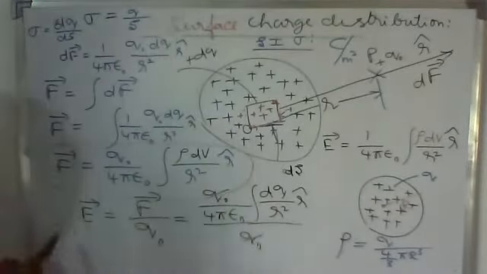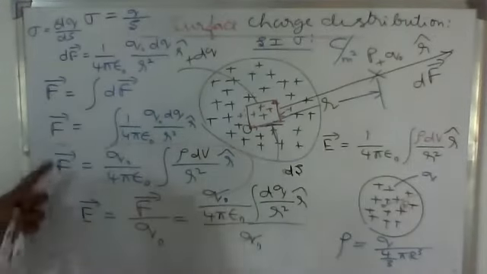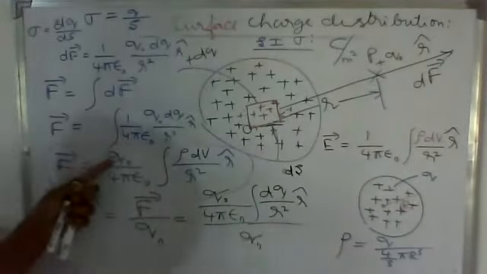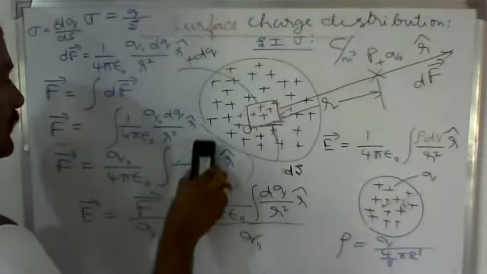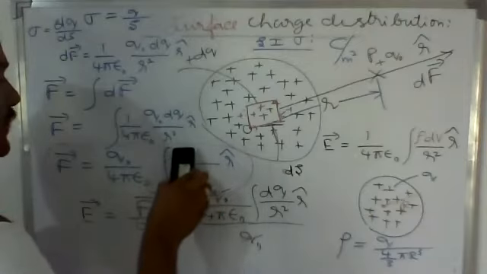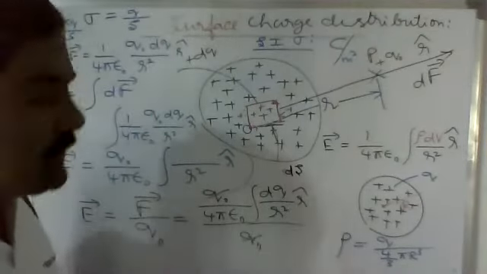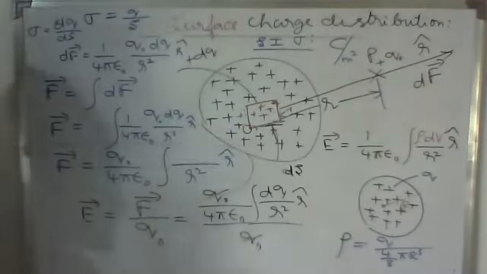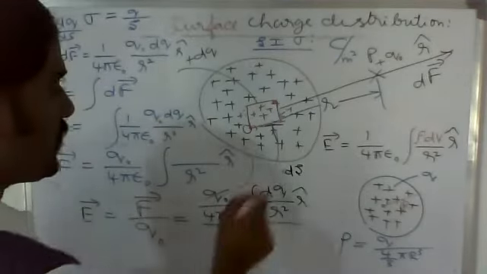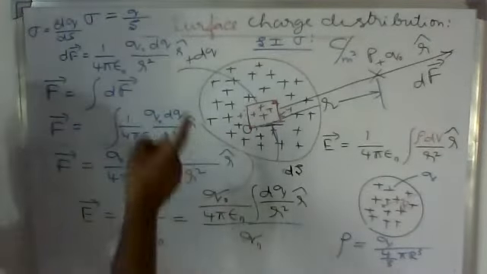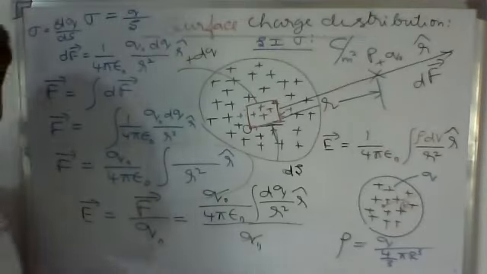The first one: F equals Q naught divided by 4 pi epsilon naught, integration of dq. What is the value of dq? Here dq means the charge contained in a small area ds. That can be calculated using sigma equal to dq divided by ds.